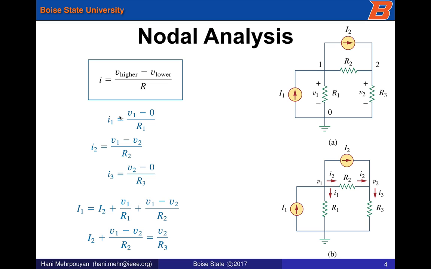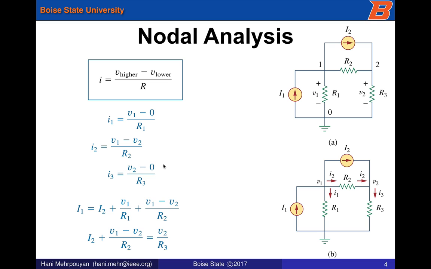So I1 is given by V1 minus the voltage at the ground node, which is 0, divided by R1. That's what I1 is. I2 is V1 minus V2 divided by R2. And I3 is equal to V2 minus the ground plane voltage, which is 0, divided by R3.